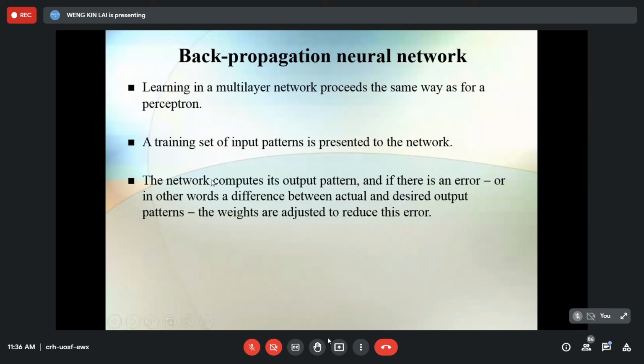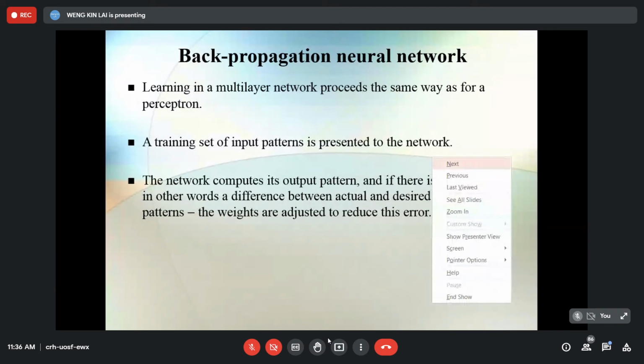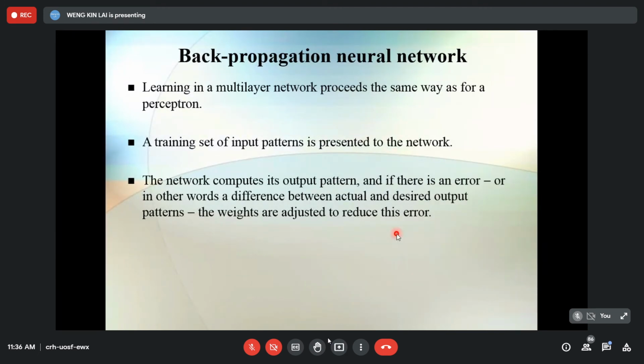The network then computes its output pattern. Your network will calculate the actual output pattern. And if there's an error, in other words a difference between the actual and desired output patterns, the weights have to be adjusted.